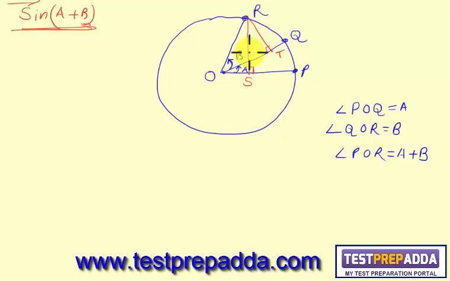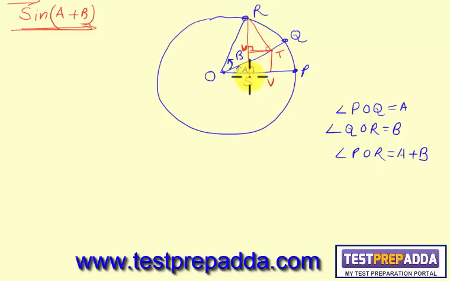Now I'll take a line parallel to this OP line from this T, and let this cut this RS line at point U. Okay, so this will also be 90-degree. Now I'll drop a perpendicular from this T point on this OP line. Let this be V.